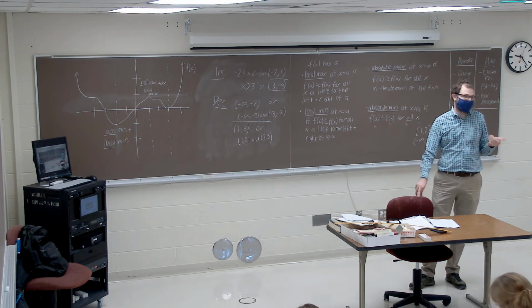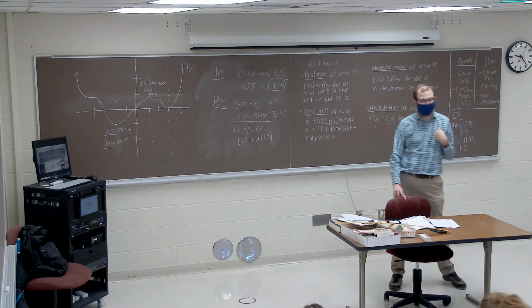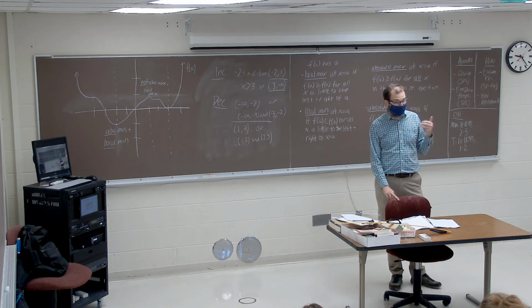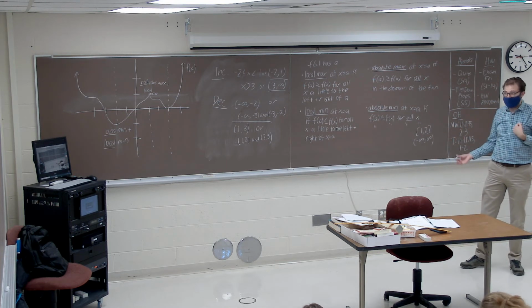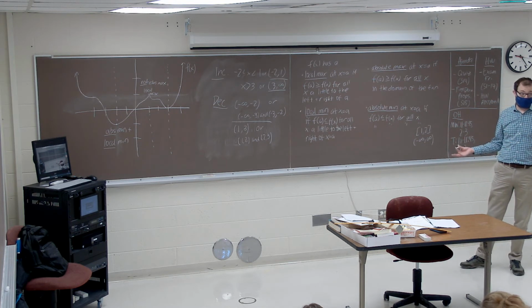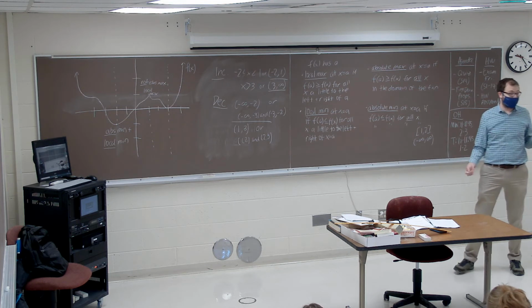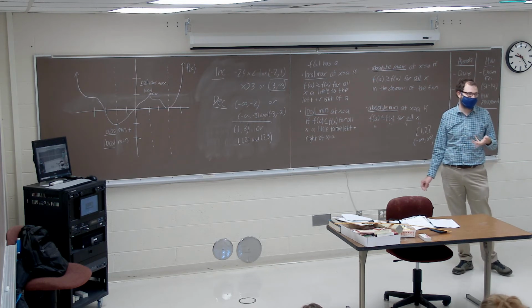And so you could still consider him to have a local maximum for that function as well as an absolute max. There's nothing in the definition of local max that says an absolute max couldn't also be a local max, and ditto with absolute min also being a local min.